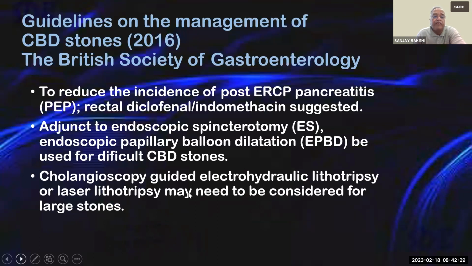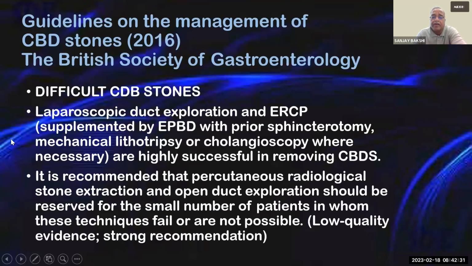But if you have a difficult stone, and that is what Professor Shah is talking about, you do a laparoscopic duct exploration, or you can have biliary drainage with sphincterotomy, and mechanical lithotripsy or cholangioscopy are necessary and highly successful in clearing common bile duct stones. And it is recommended that percutaneous radiological stone extraction and open duct exploration should be reserved for a small number of patients in whom most techniques fail.